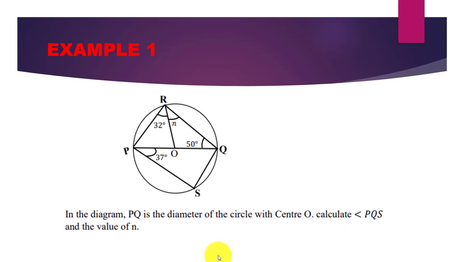Let's take our first example under this theorem. We have a question on the screen. The question says that in the diagram, PQ is the diameter of the circle with center O. Calculate angle PQS and the value of N. Let's solve this question.